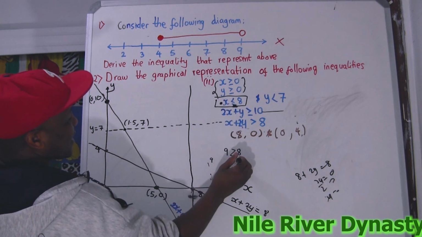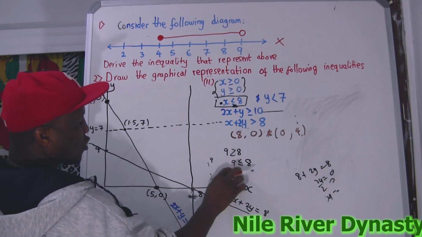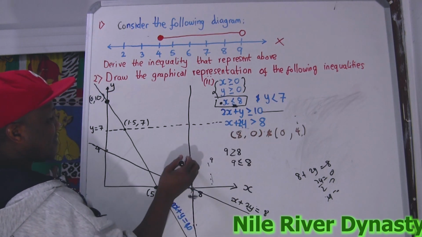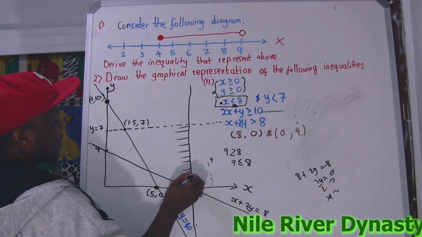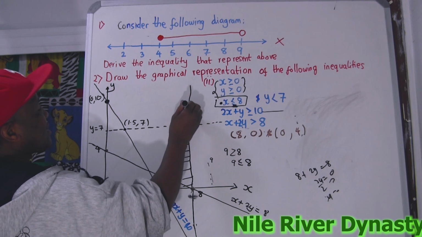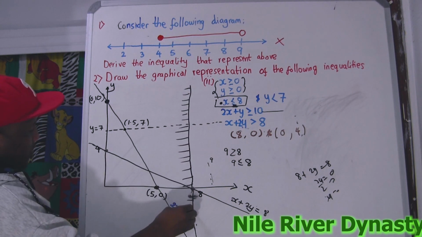If I put 9 here, is 9 less than or equal to 8? No, it's not true. So we don't shade this way, which means we shade the opposite direction, so we shade there. But this is meaningless, we can just do it for fun, just a little. Because I want to get the feasible region.